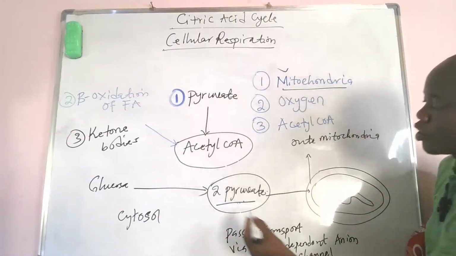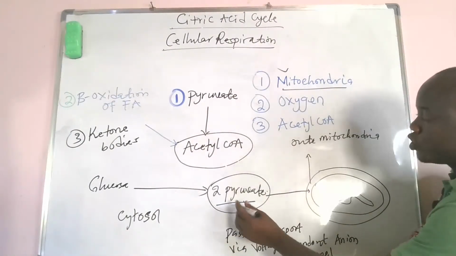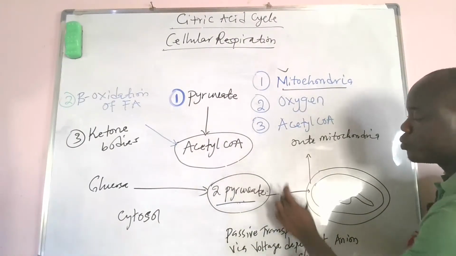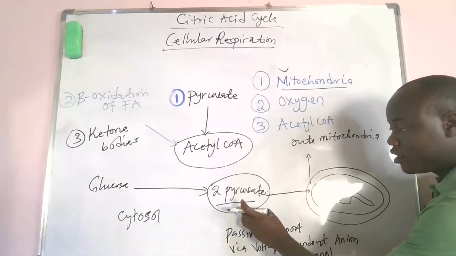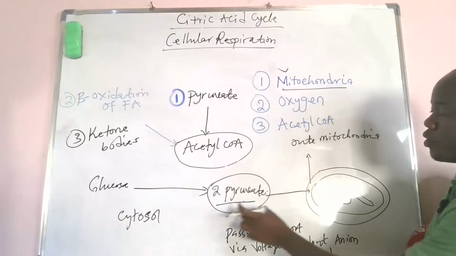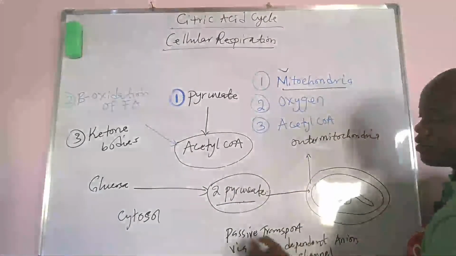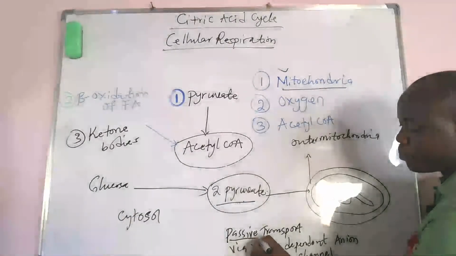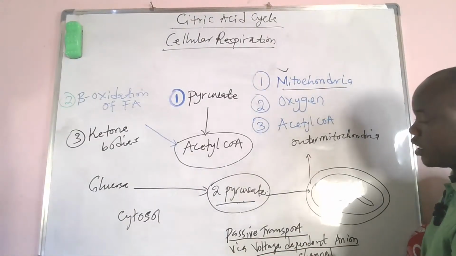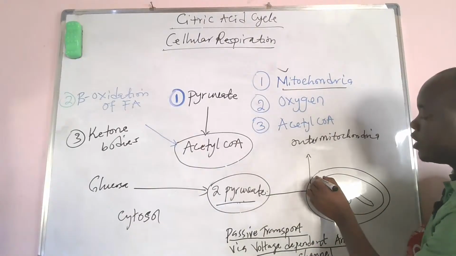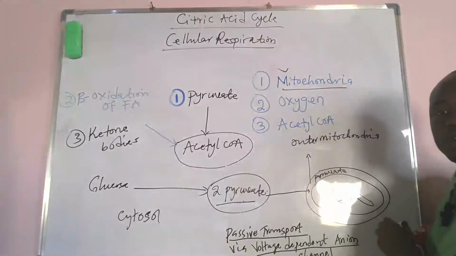These two molecules of pyruvate will transport themselves from the cytosol to the outer mitochondria by passive transport via a voltage dependent anion channel. Therefore, the pyruvate will find itself at the outer mitochondria.